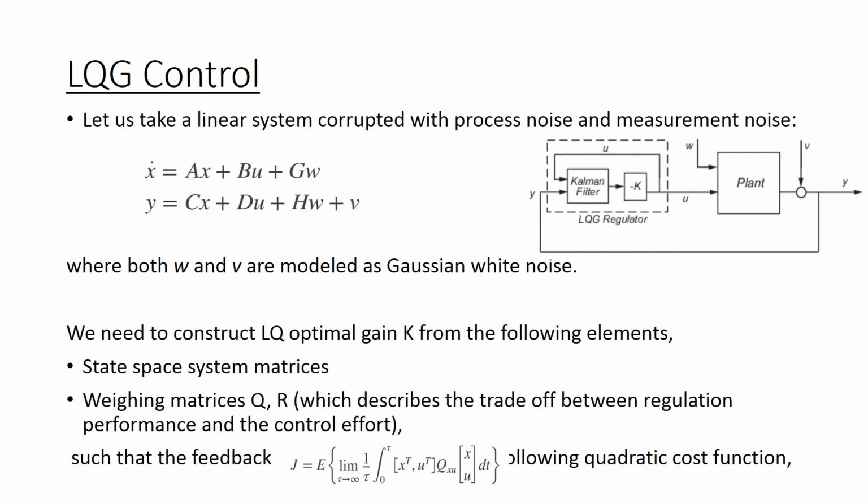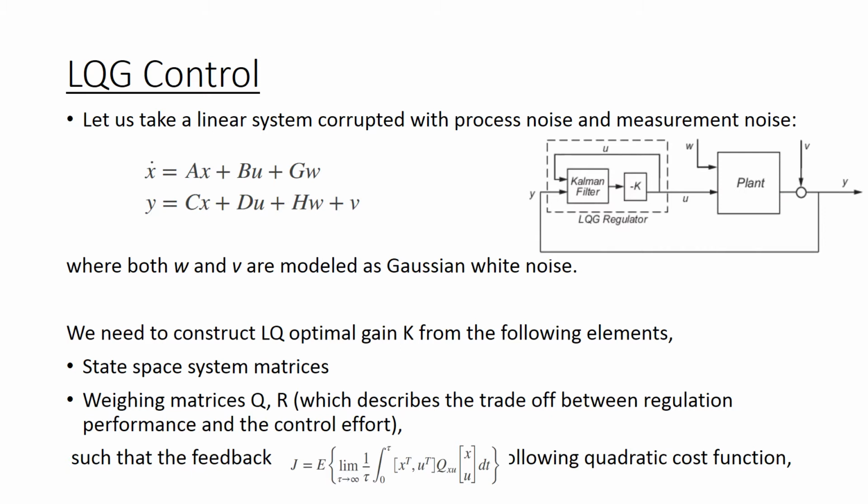The LQG control can be defined in a way that we have our process noise and our measurement noise going into the plant: the process noise is going into the plant, and the measurement noise is corrupting the output values coming out of the plant.